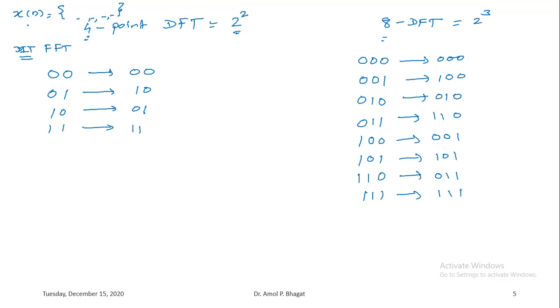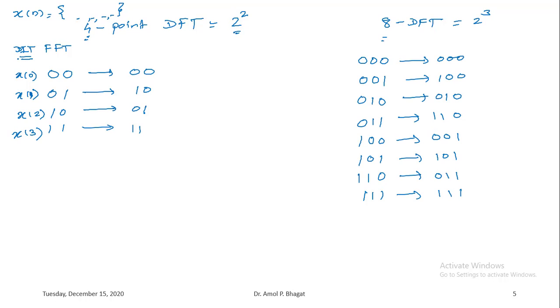And if it is decimation in time, these 4 samples will be your x of 0, x of 1, where 0 and 1 correspond to this index, x of 2 and x of 3, right?